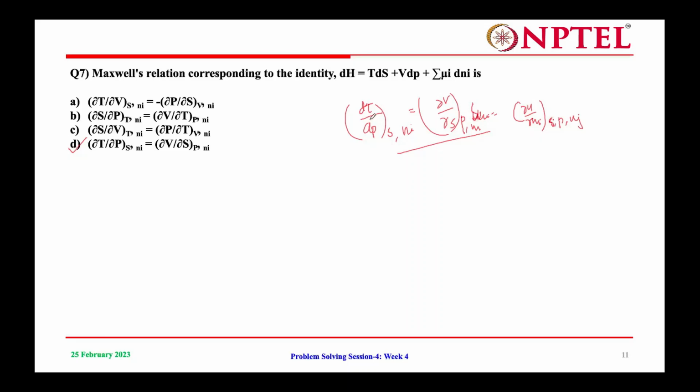So what is mu i and ni in this equation? Sir, ni means composition. Now ui is denoted by partial dH divided by dni at constant S, P and nj, right?